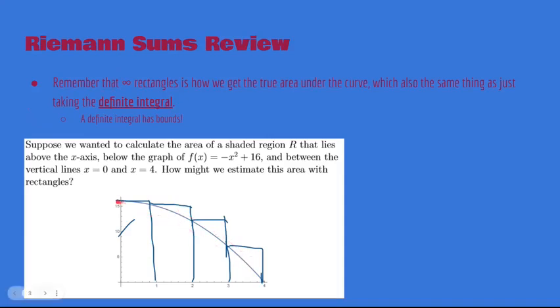So imagine that this is like cake pan baking in the oven. We have this part that's above that's extra overestimation. We don't want that, right? So that's why we would have an infinite number of rectangles hypothetically, which is the same thing as what it means to do a definite integral.